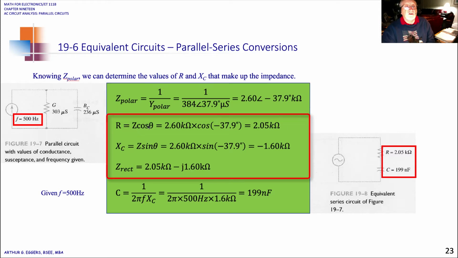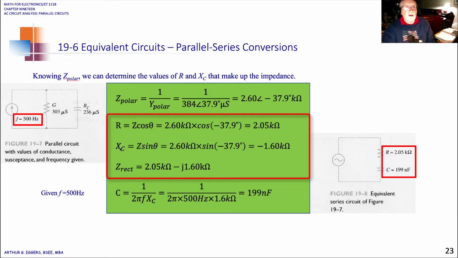Now I can use my definition of the cosine. In this case it's R divided by Z. We manipulated our terms, so we're solving for R. 2.6 k ohms times the cosine of minus 37.9 gives us 2.05 k ohms. You can see over here that becomes our series resistive value.